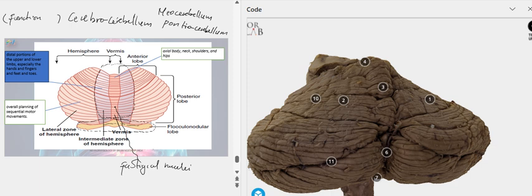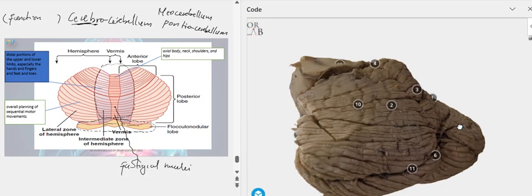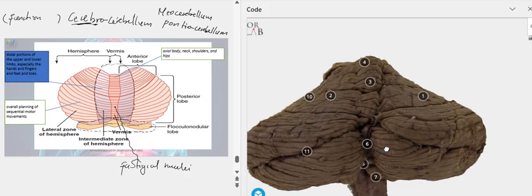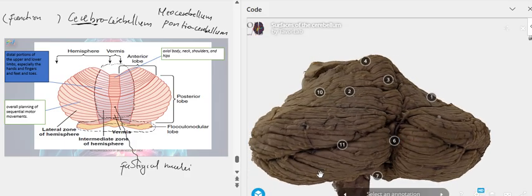So as the word suggests, it is actually related to the cerebrum. So that means much of the signals that are ending into this zone are actually emanating all the way from the cerebral cortex, using the pons, and eventually into the lateral hemisphere.